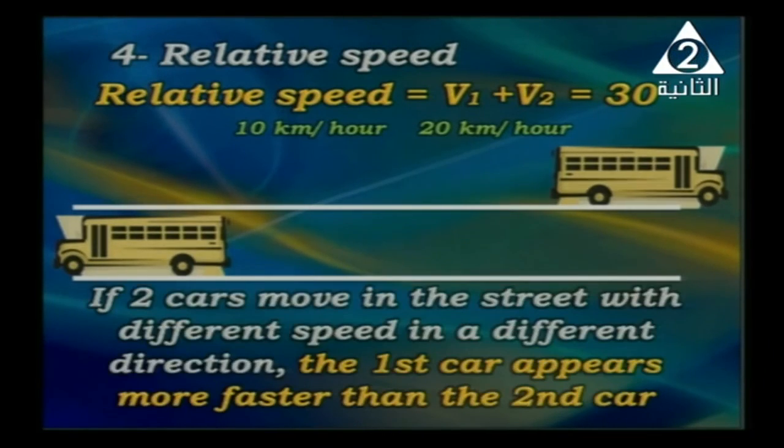Because we have two cars that move in the street with different speeds in different directions, the first car appears faster than the second car because of the summation.